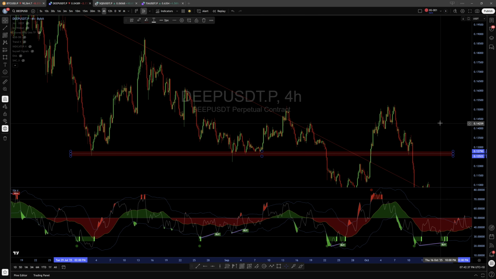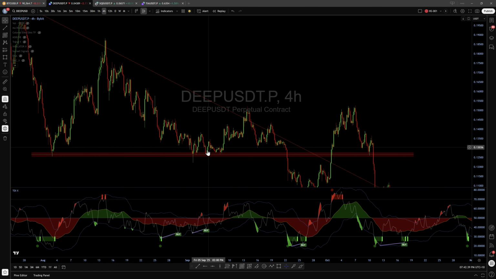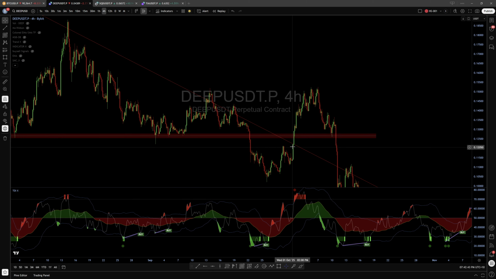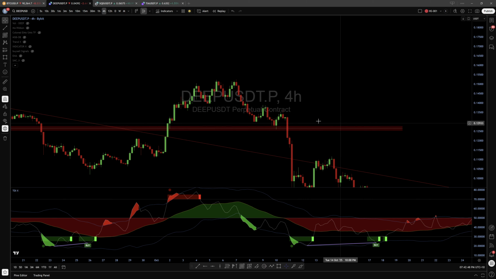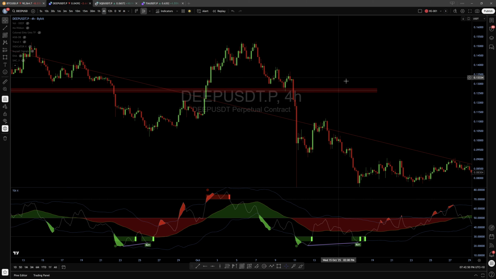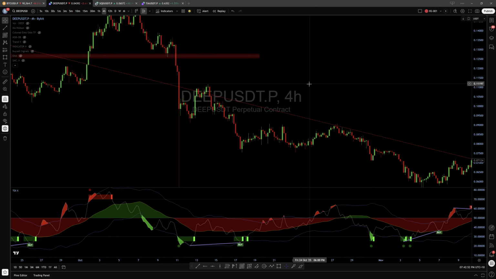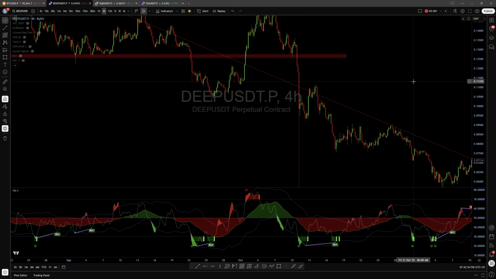It was support here, here, and then it fell when it went under at that time. And right here it tried to hold it, but then it couldn't. So it also fell through the trend line. So it wasn't ready to break out.